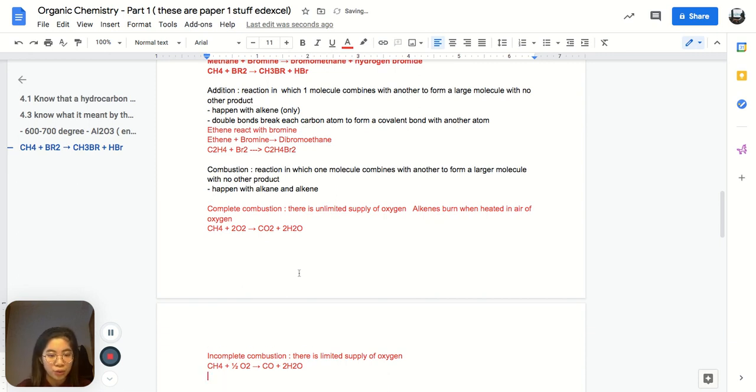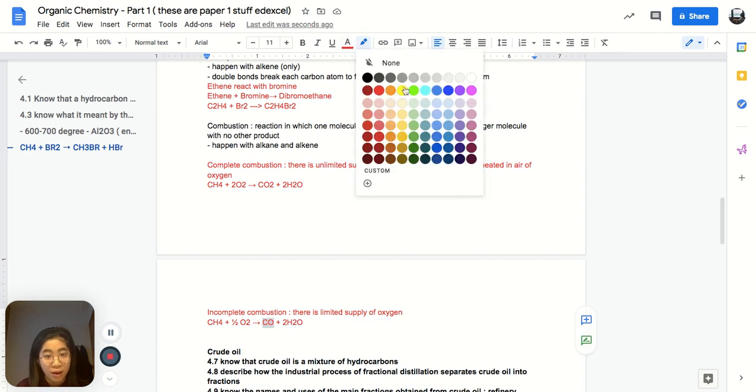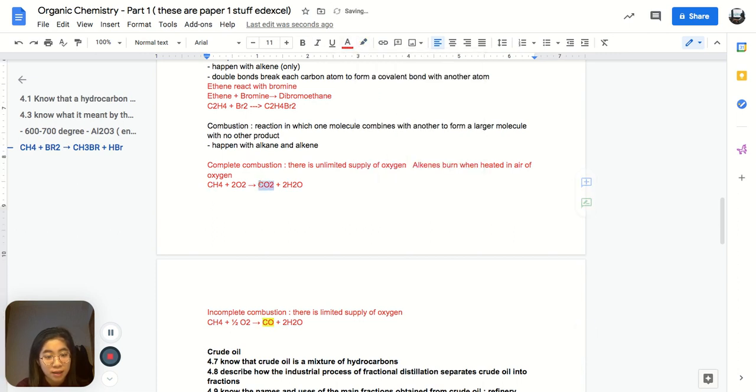Or you could write 2CH4 plus 3O2 give you 2CO plus 4H2O. That is the same thing. And the reason why I said look at the difference is because this gives you CO, guys, and this gives you CO2, guys. So you gotta remember that.